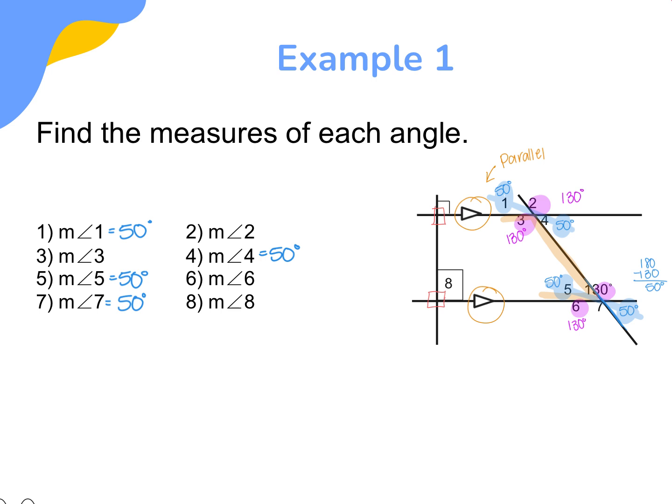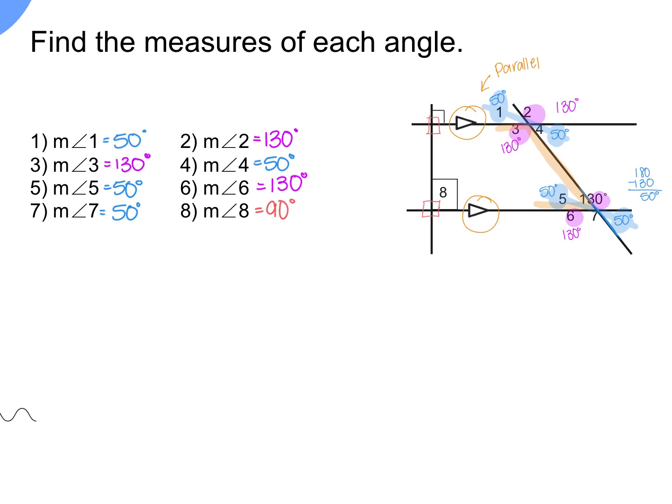Angle 2 is 130 degrees. Angle 3 is 130 degrees. Angle 6 is 130 degrees. And then angle 8, what did we say angle 8 was? 90 degrees, good. So some key information, what do we use to get here?